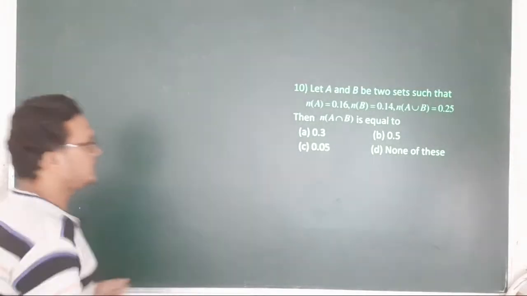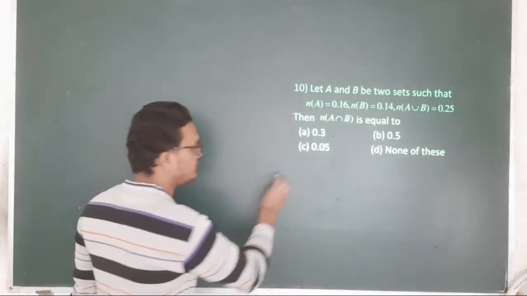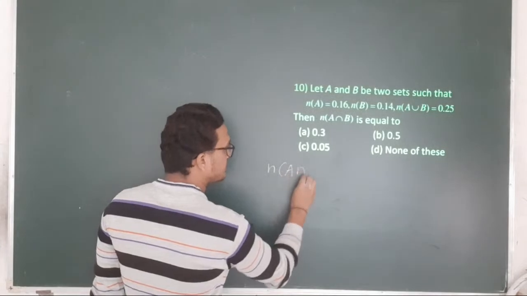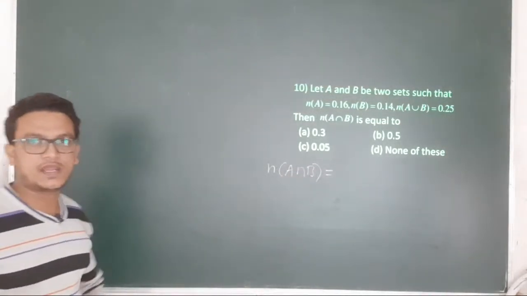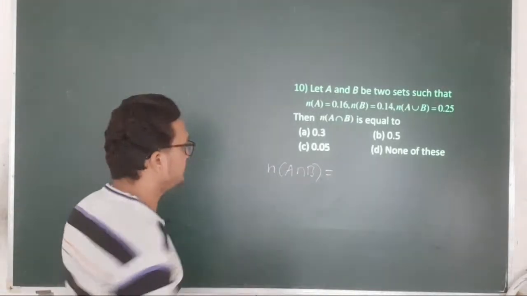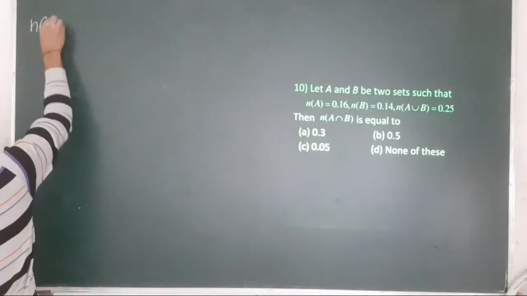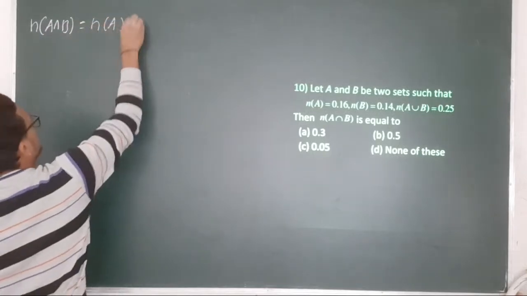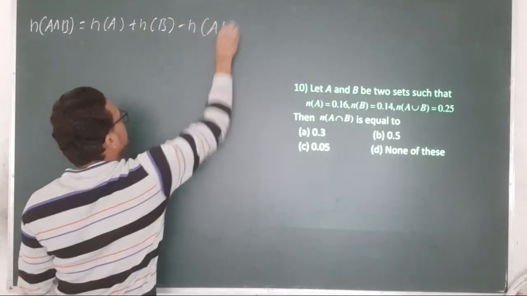Let me write this here itself. N of A intersection B is equal to n of A plus n of B minus n of A union B.